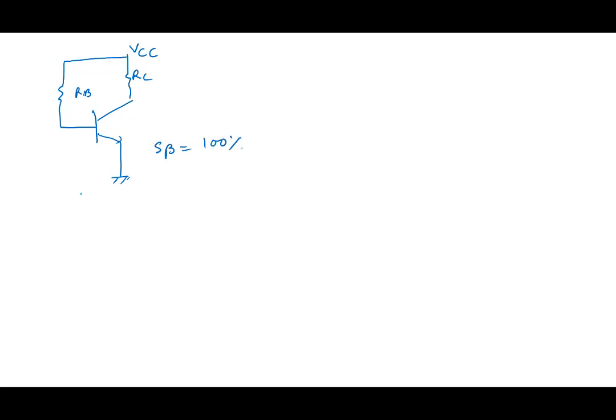What this circuit is doing is using these resistors RB and VCC to fix IB. So the strategy in this circuit, if you look at it, is to fix IB. That's what this circuit is doing. How does it fix IB? Well, it says VCC minus VBE by RB.